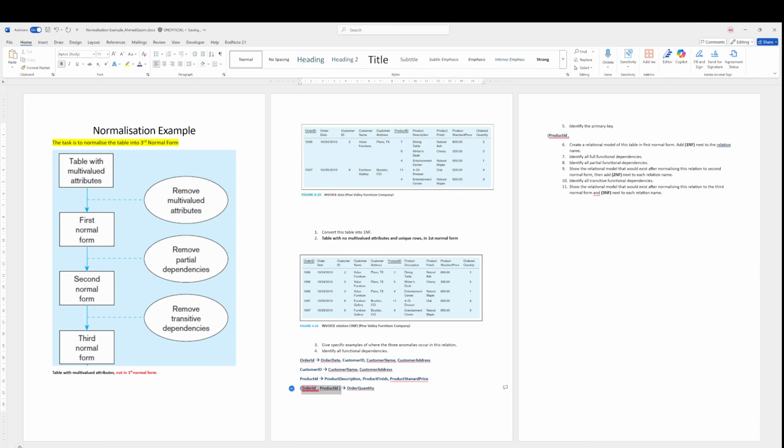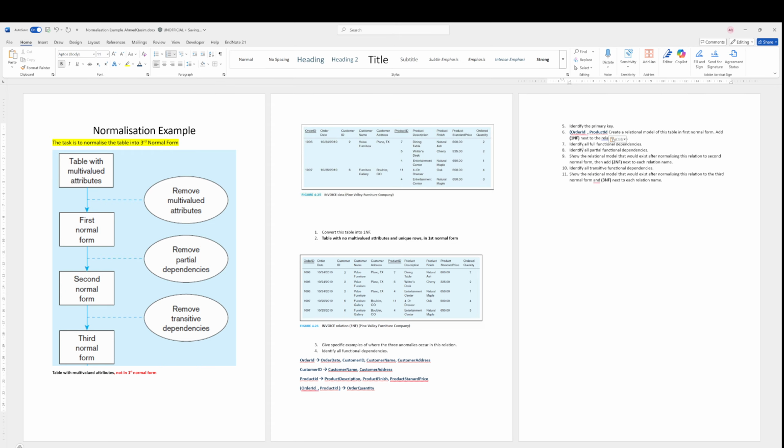So in this case, it relates to what identifies the order quantity. Product ID.